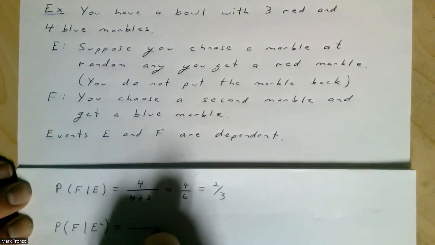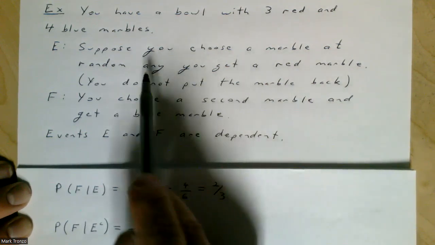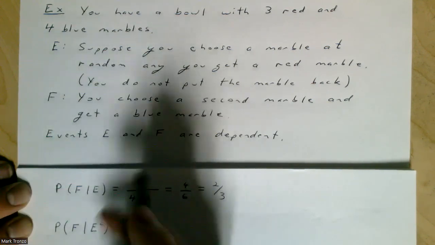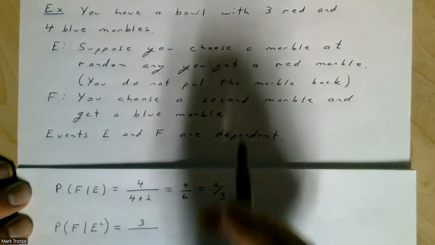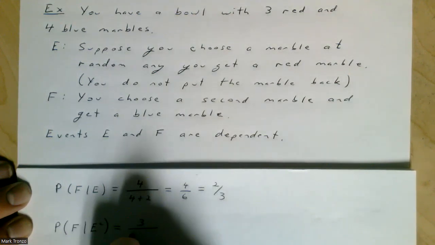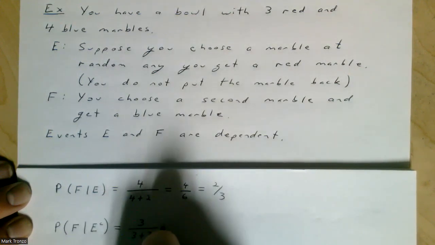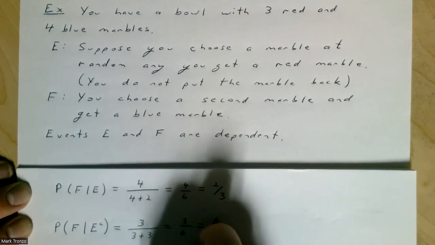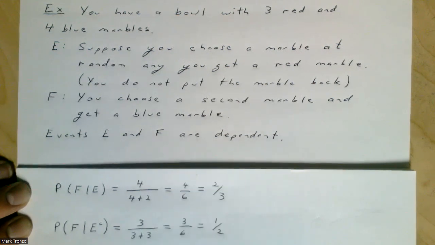So what do we have? If we got a blue marble on the first try, that means there's only 3 blue marbles left out of a total of 3 plus 3, which is 6. So that's 3/6 or 1/2.